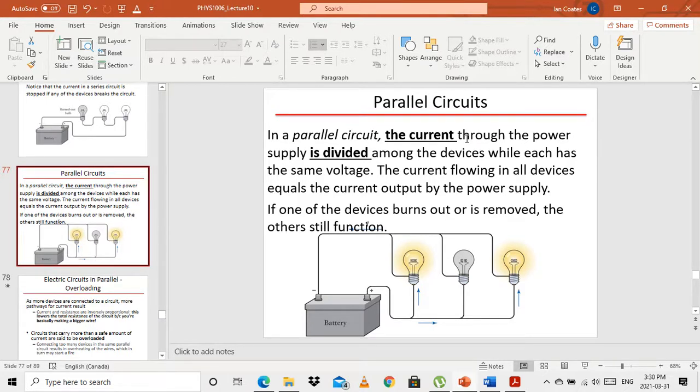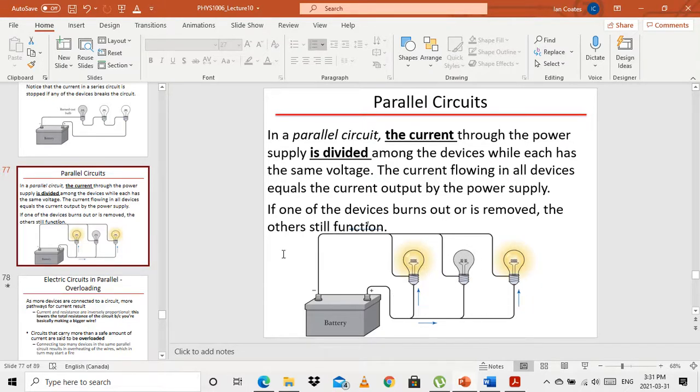The current flowing in all devices equals the current output by the power supply. Well, okay, the current coming out is equal to the current going in, but they're divided by each one. If one of the devices burns out, as in this case right here, these guys here are okay.